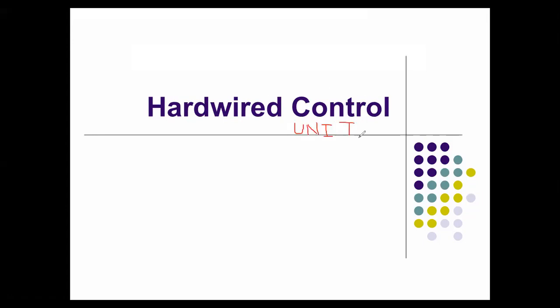So hardwired control unit means, before going to this, if you are taking the processor, what does it contain?